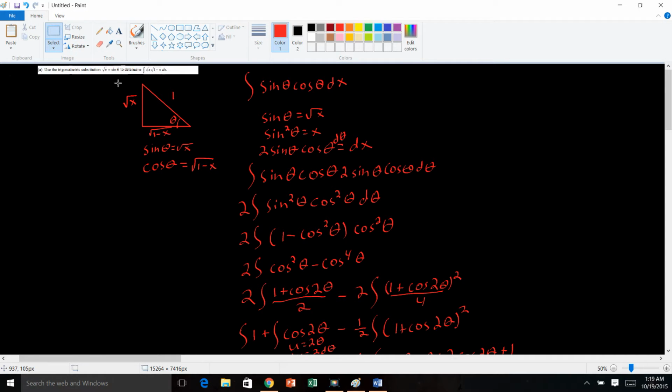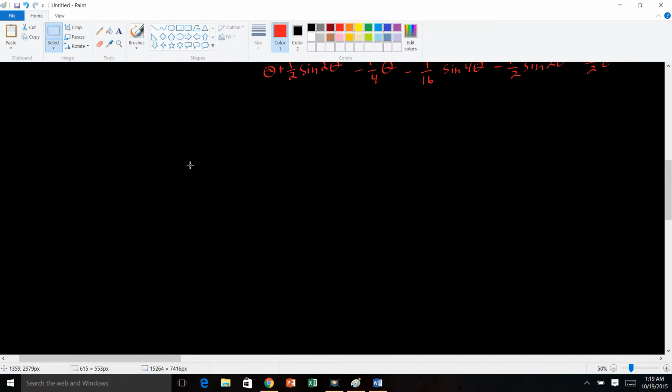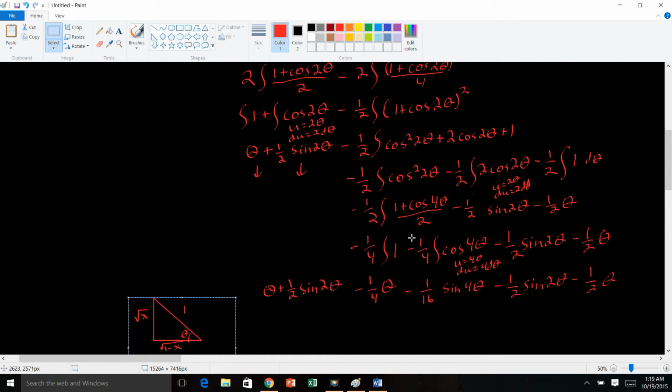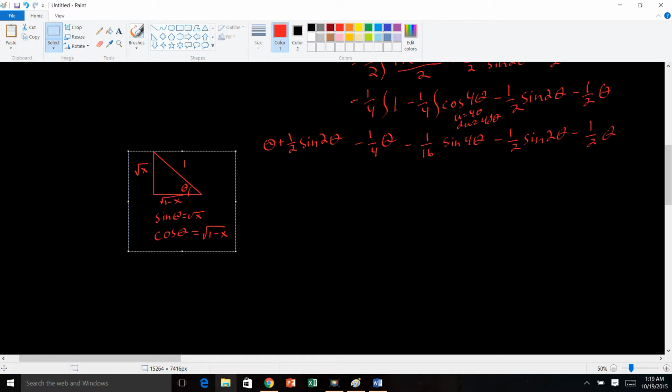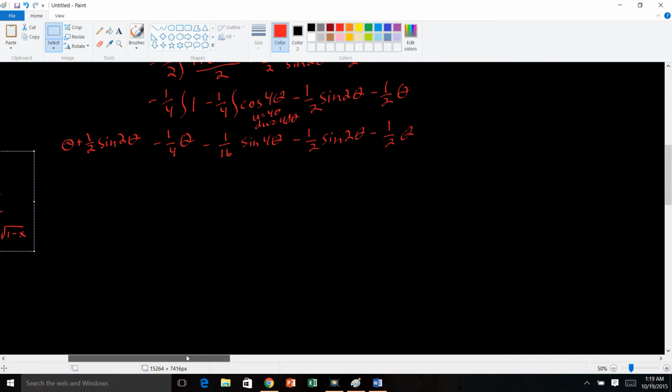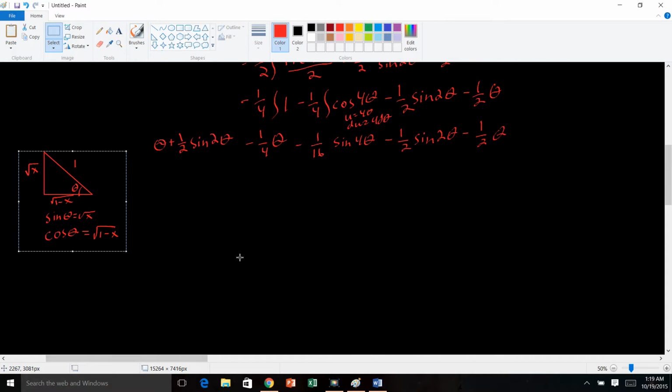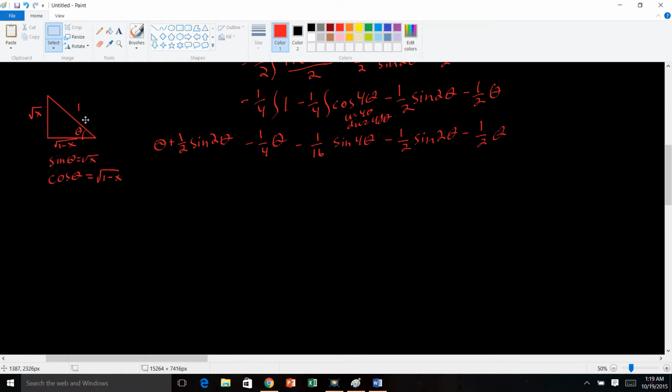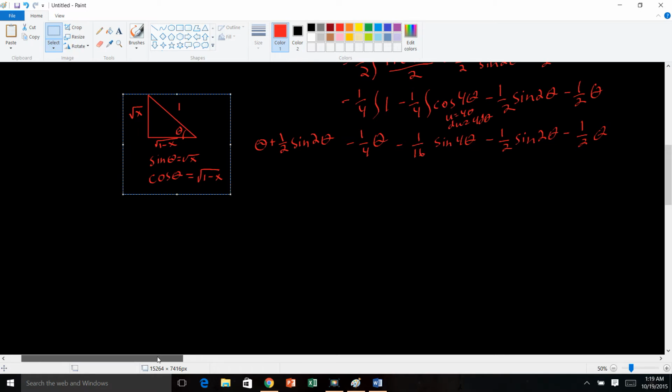We've got to get everything back in terms of the original parameter, which is x. So the first thing we need to do, and we can see it right here, is we have a theta in the term.